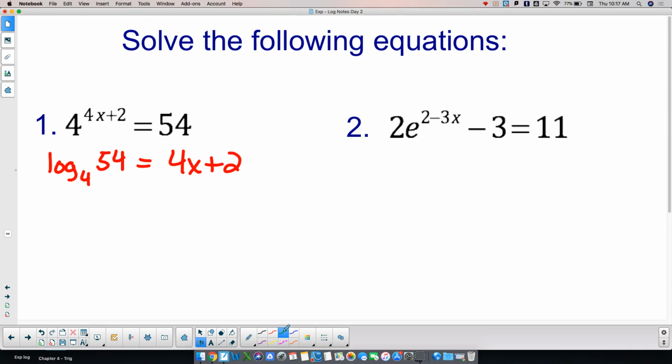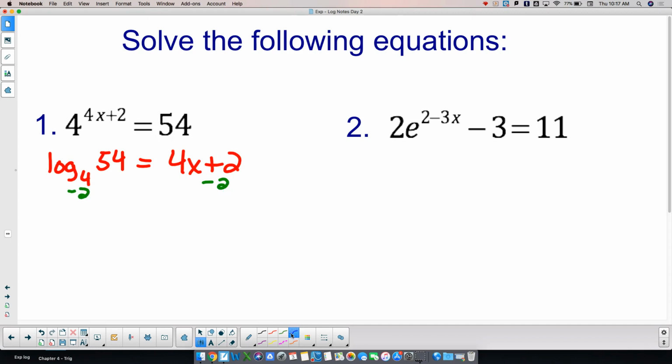And you could go with that from there. Totally fine with that. Or you could leave it exact. And then you would go through and subtract your 2 from both sides.